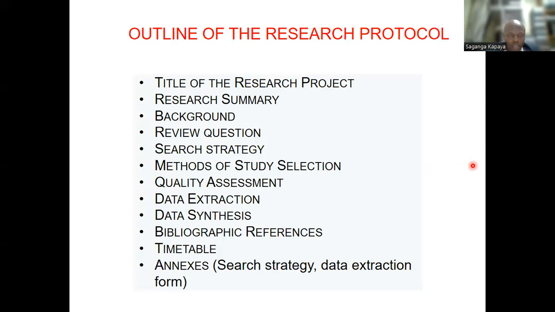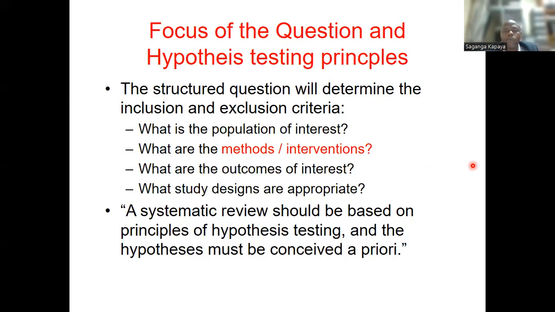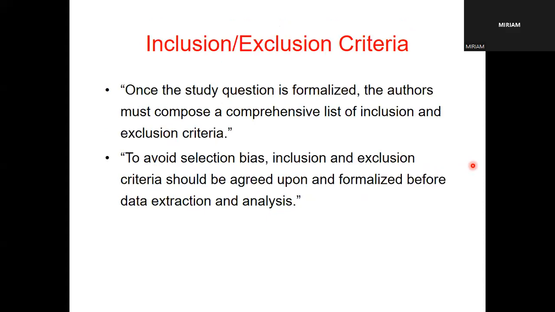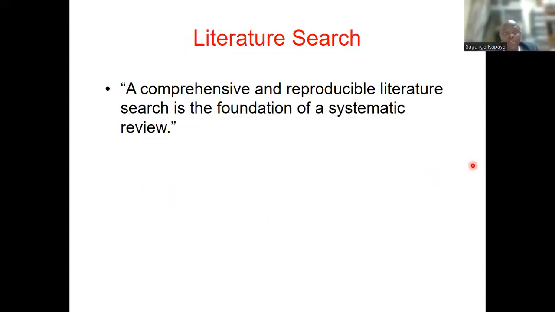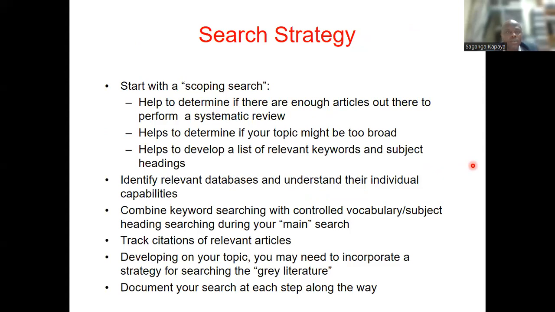This is the same outline that I was saying, but in a more compact form. Okay, these are the things that we've been discussing, and then I need to go to something here. You must formulate a search strategy. So you start with a scoping search, which is more broad. This one helps you to determine if there are enough articles out there to perform a systematic review.